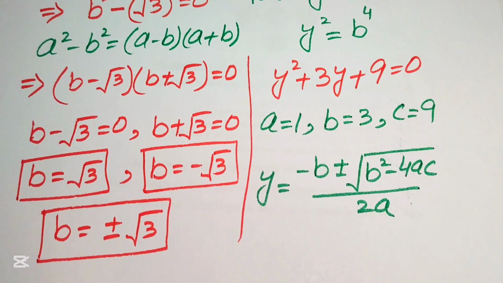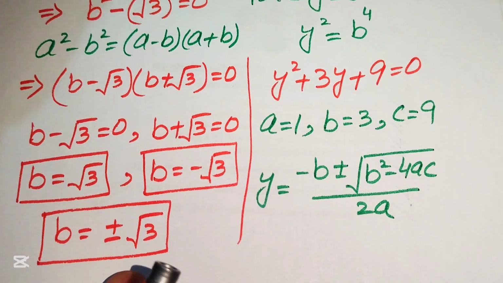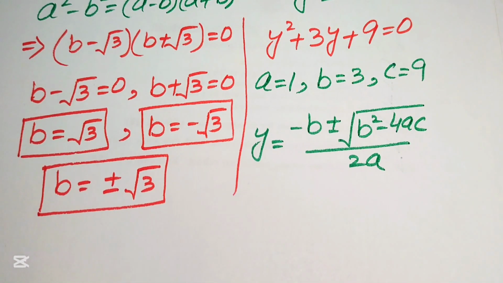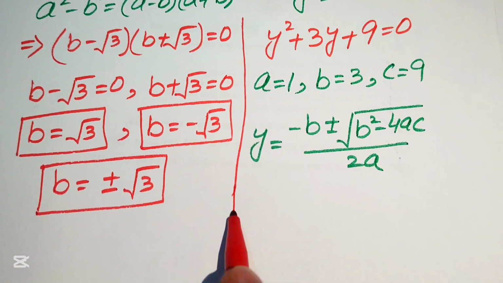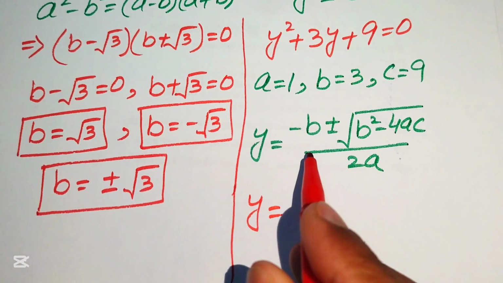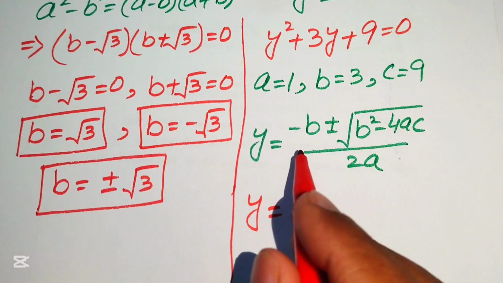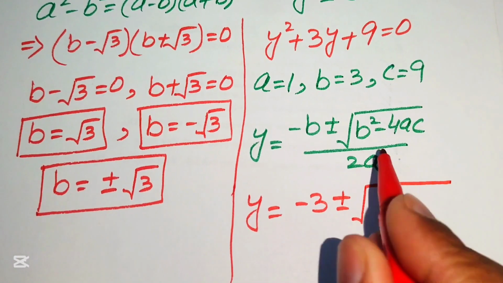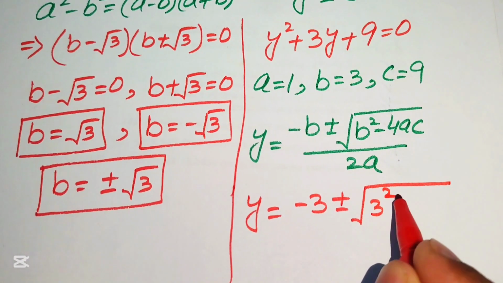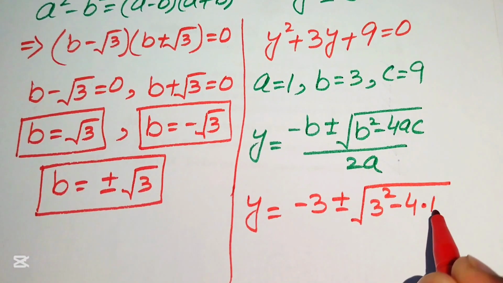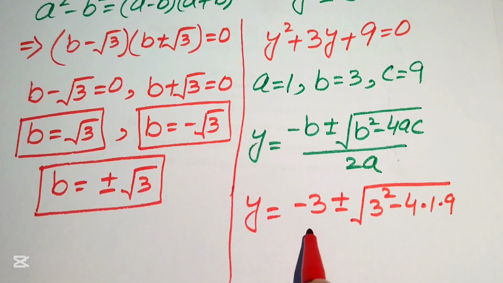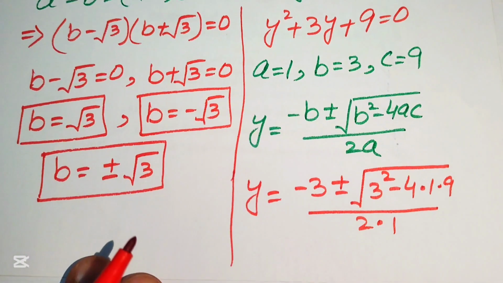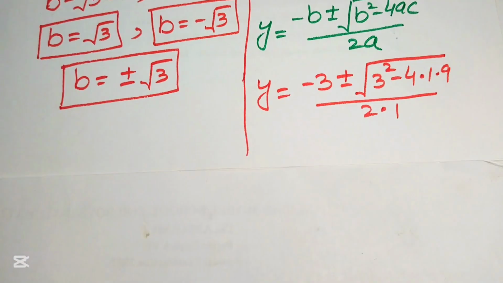So this is our quadratic formula, and now we need to substitute the values of a, b, and c in this formula. When you substitute b equals 3, it will be written as minus 3 plus minus square root of 3 square minus 4 times a, which is 1, times c, which is 9, divided by 2 times a, where a equals 1.